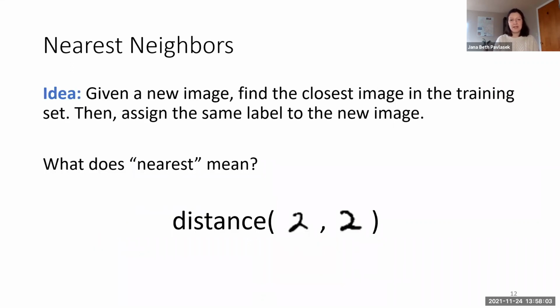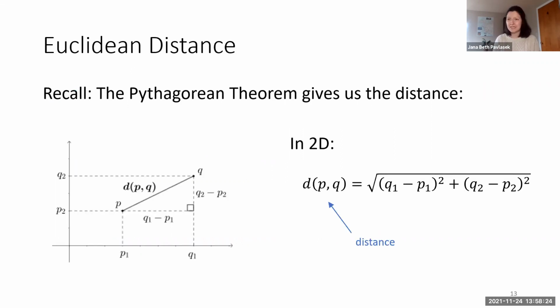Okay, so we said that we wanted to find the nearest image to some given test image, but what does nearest mean? We need some way to define the distance between 2 images. So we're going to use a familiar distance function, the Euclidean distance.